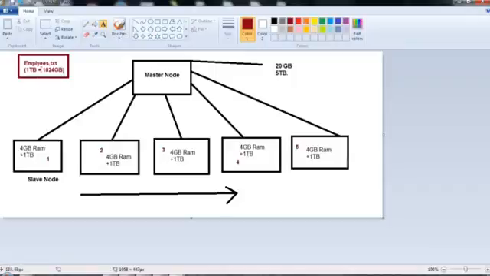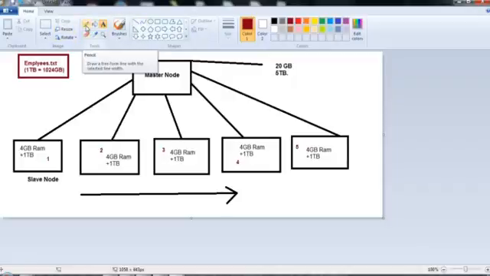So how is this file of 1024 GB, which is 1 TB, equivalent to a node size also, stored? I think it's too much. Let's minimize it.